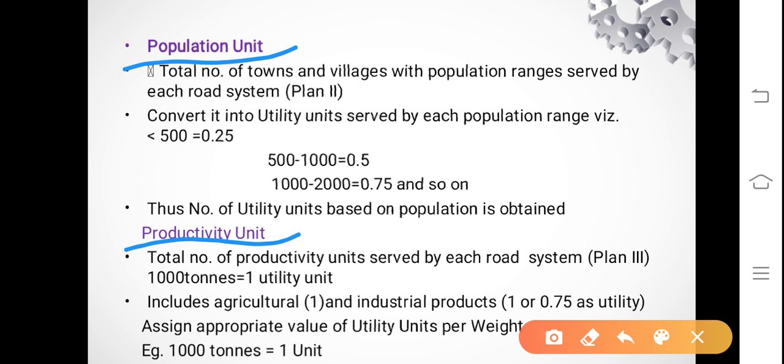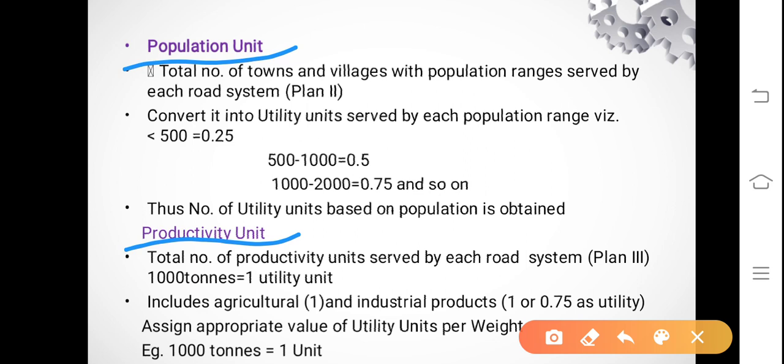Thus, the number of utility units based on population is obtained. That means we have to convert all these population groups into a single unit known as utility unit. Similarly, productivity unit also should be converted into a single utility unit. Usually in India so far we have been following the total productivity units served by each road system based on Plan 3 data. 1000 tons is equal to 1 utility unit.